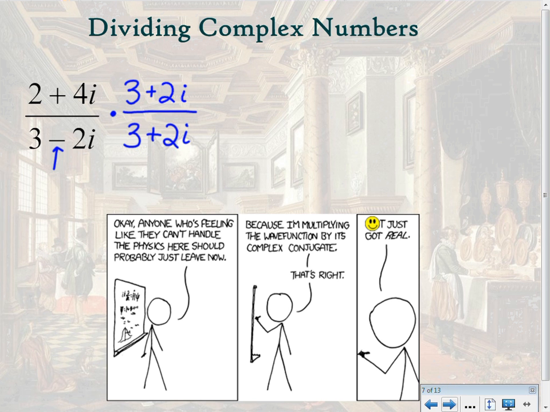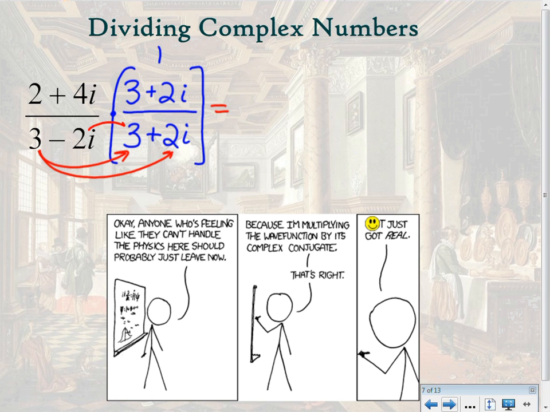It's a lot like rationalizing the denominator, if you remember that. This whole thing is equal to 1, so we're multiplying by 1. So we change the sign in between in the denominator. We don't worry about the numerator right now. We're going to multiply it all through, and you're going to see what happens. We're going to get an answer that is complex.